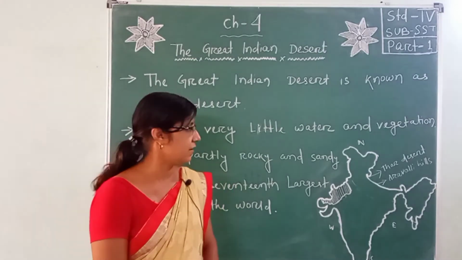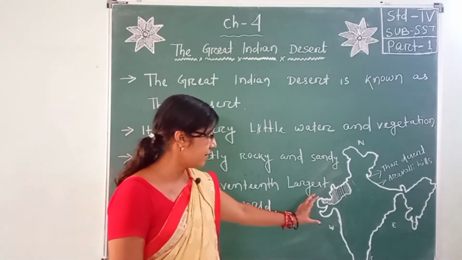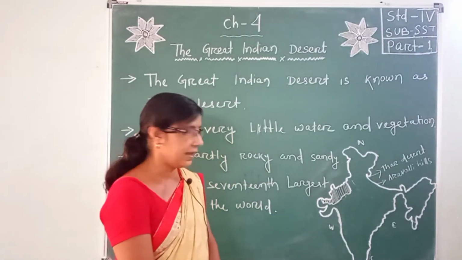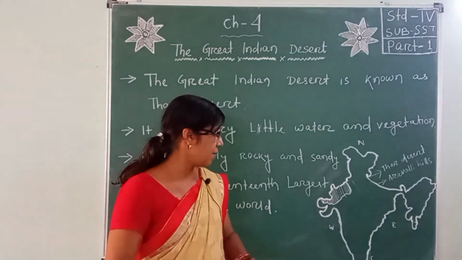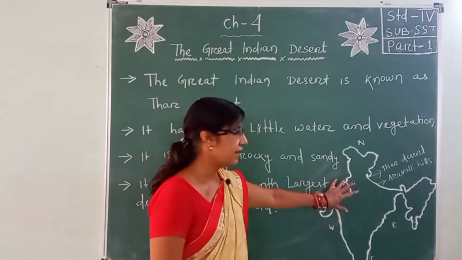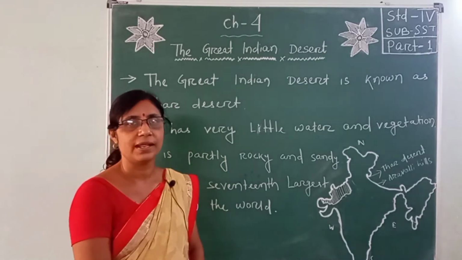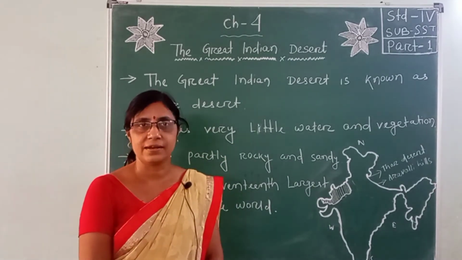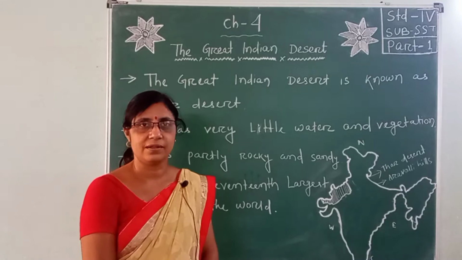It is partly rocky and sandy, and this vast area is known as the Great Indian Desert or the Third Desert.